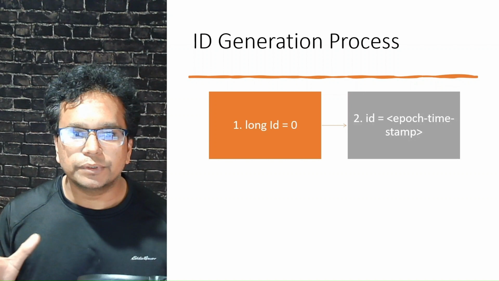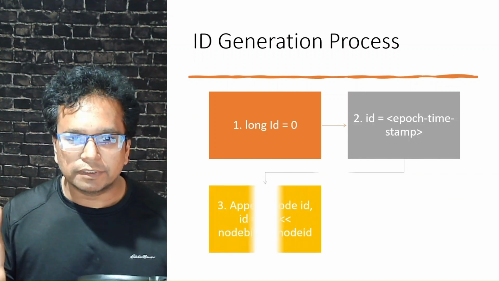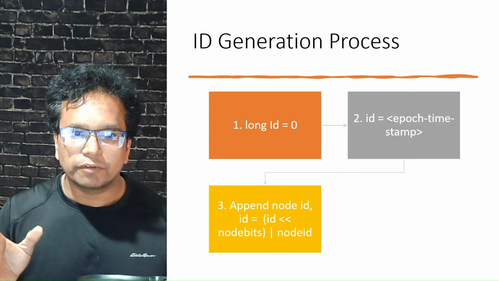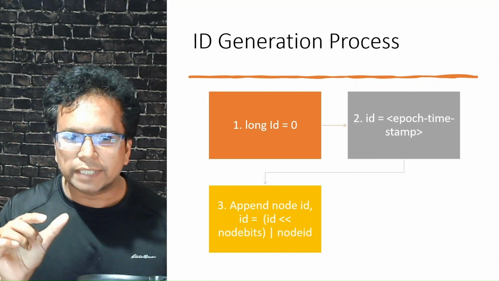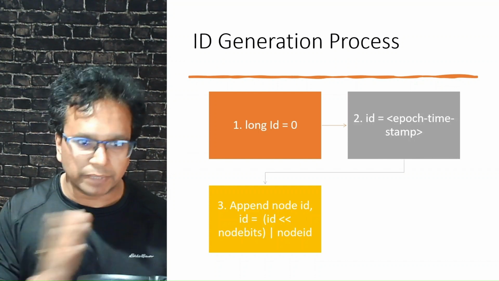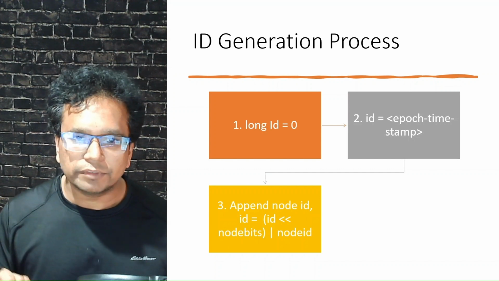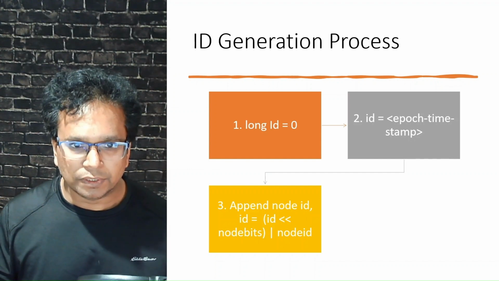Then we have to append the machine ID, which is your node ID. For that, we take the existing ID and do a left shift by the number of bits, which is 10. So we shift the ID by 10 bits to the left, and then we OR with the actual node ID of that particular node.